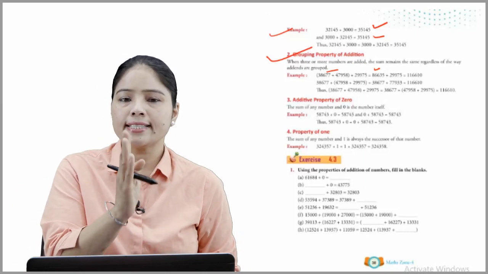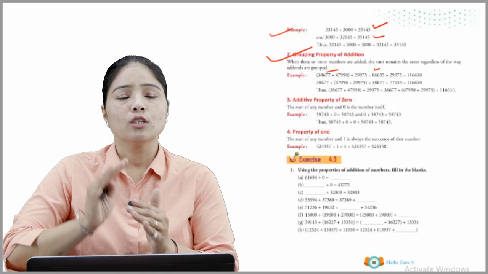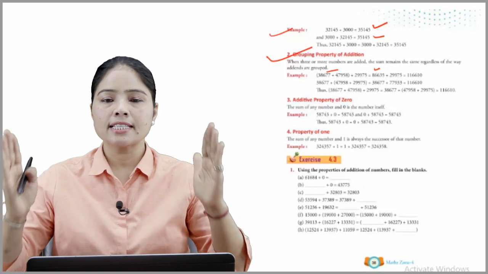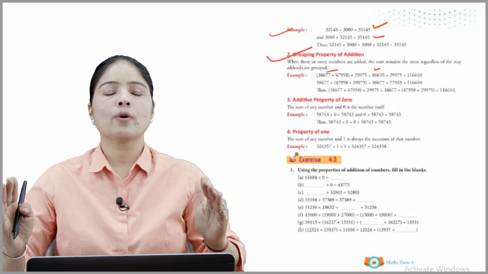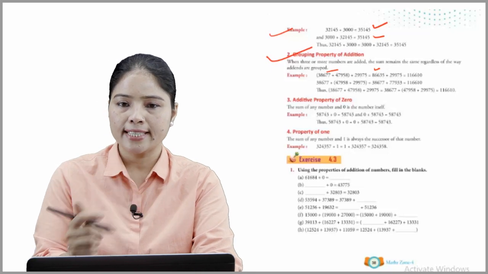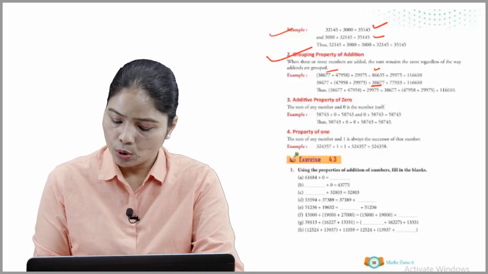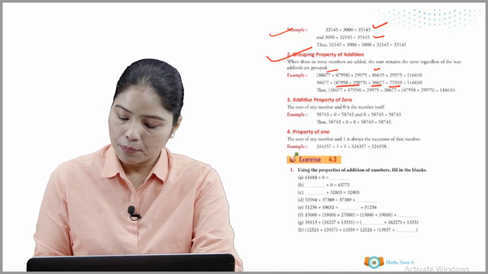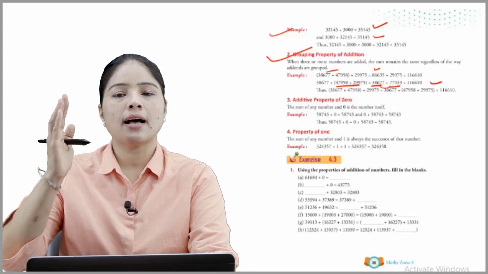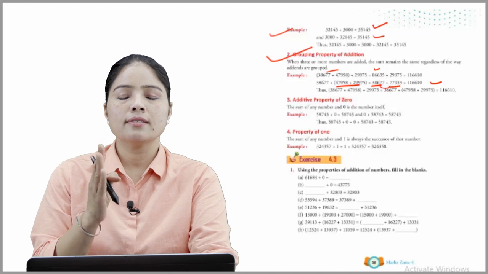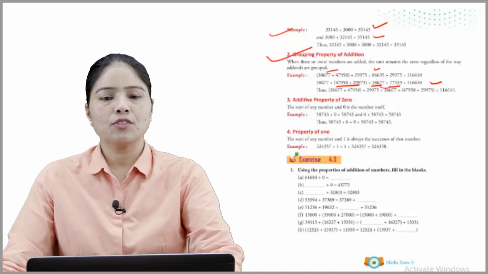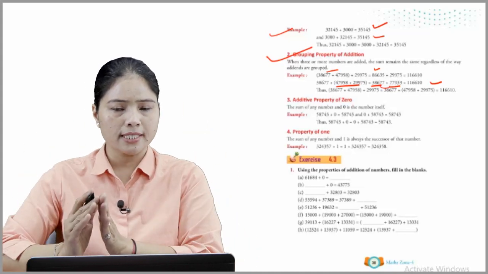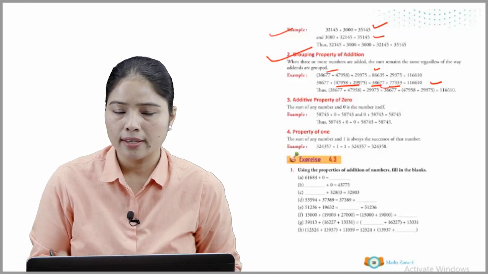Just like 38677, ठीक है, plus 47958 plus 29975. अब आपने क्या करा है, लास्ट के दो नंबर को ब्रैकेट में लिखा है, इन दोनों को ऐड करना है फर्स्ट में. तो जो फर्स्ट है हमारा 38677 ये हमारा सेम रहेगा. इन दोनों नंबर को ऐड करने पर your answer is 77933. And अब उसके बाद इन दोनों को ऐड कर दोगे तो आपका आंसर आएगा सेम, which is 116610.